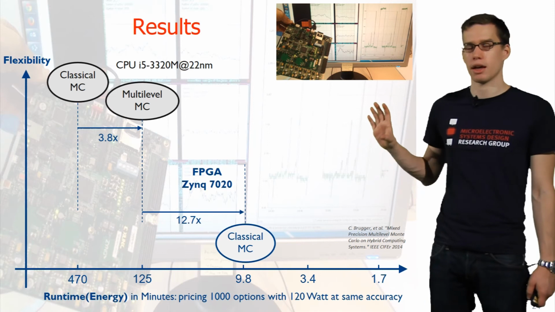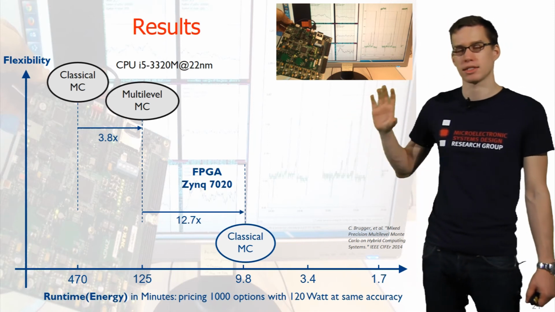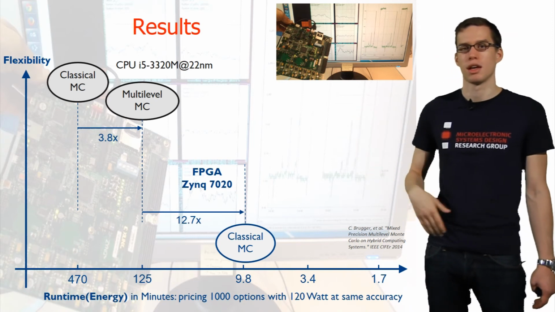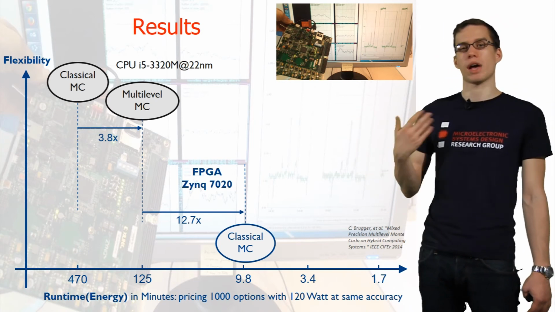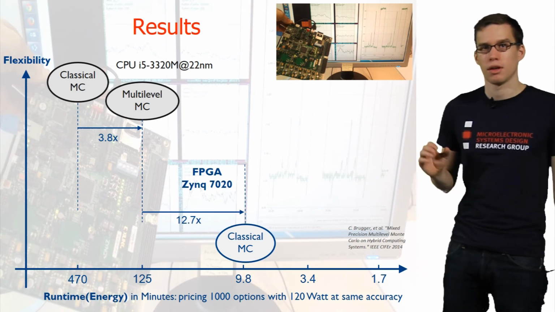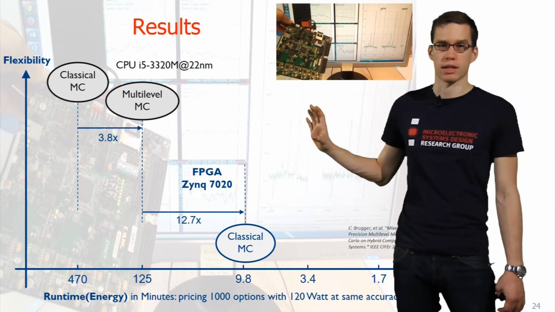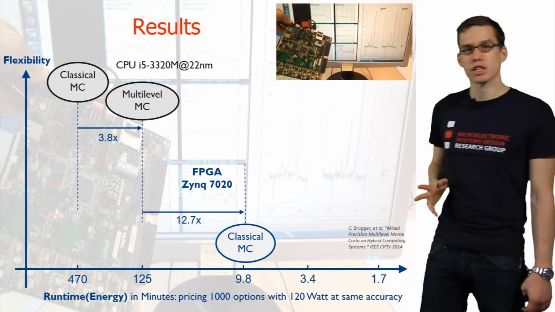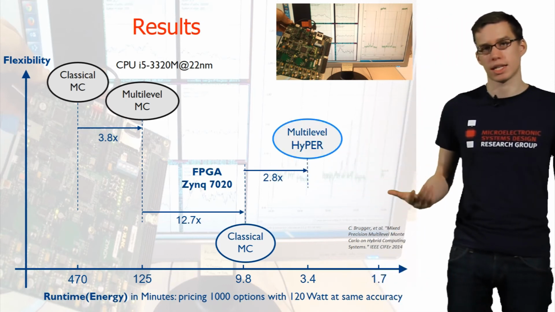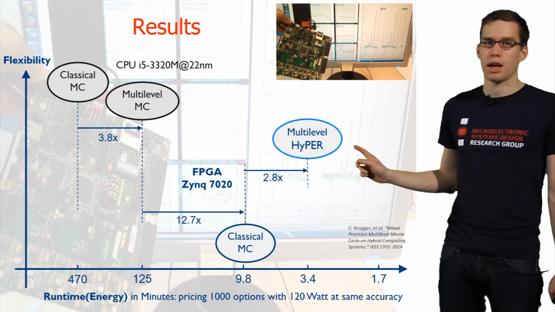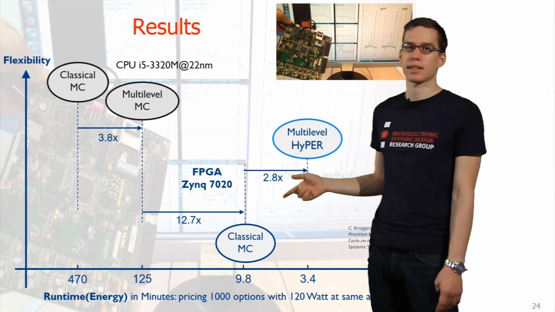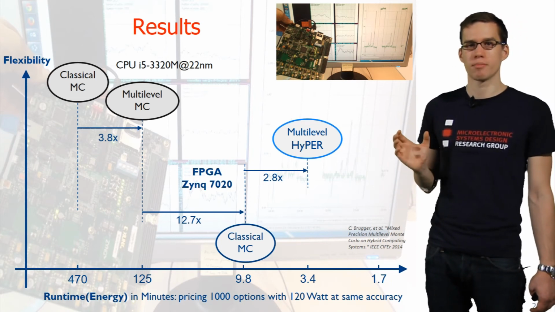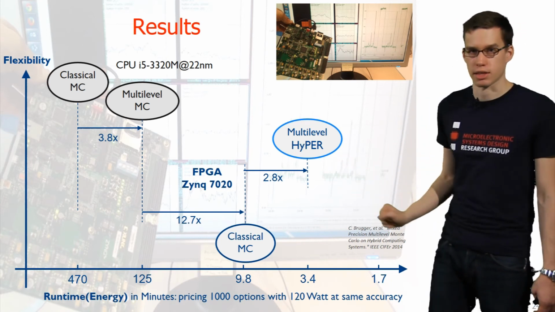With Hyper, we created this platform and the systematic feature extraction, which makes it very easy for practitioners to adapt options or to add new options, because everything else is automated. So we get back the flexibility. And in addition, for the first time we're using multi-level methods, and we get another 2.8x speed up from using the multi-level method.